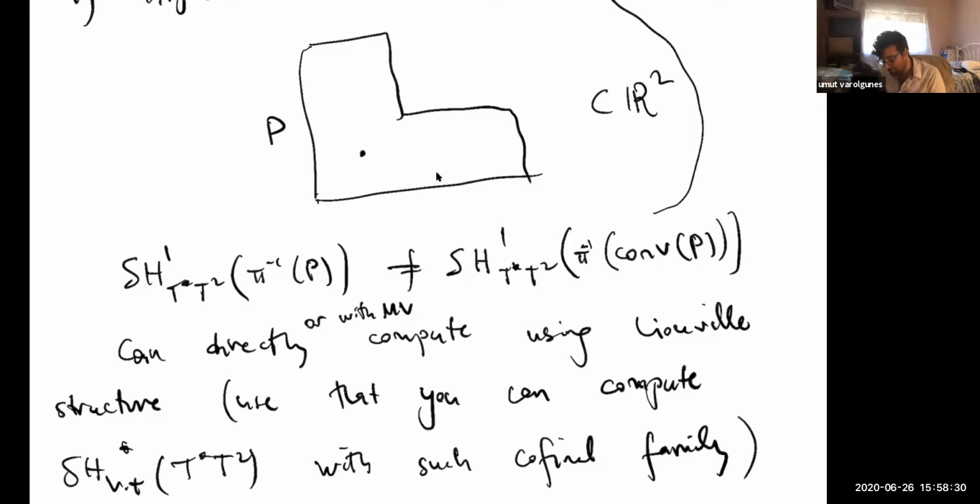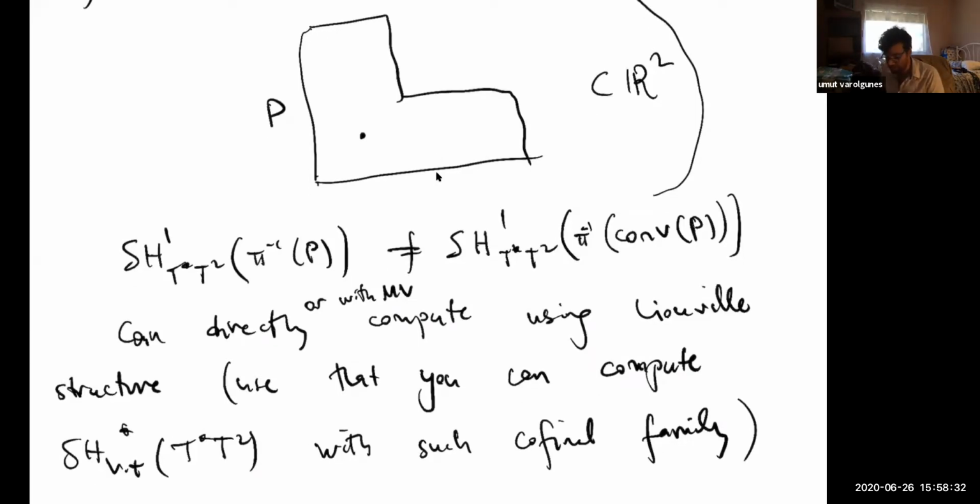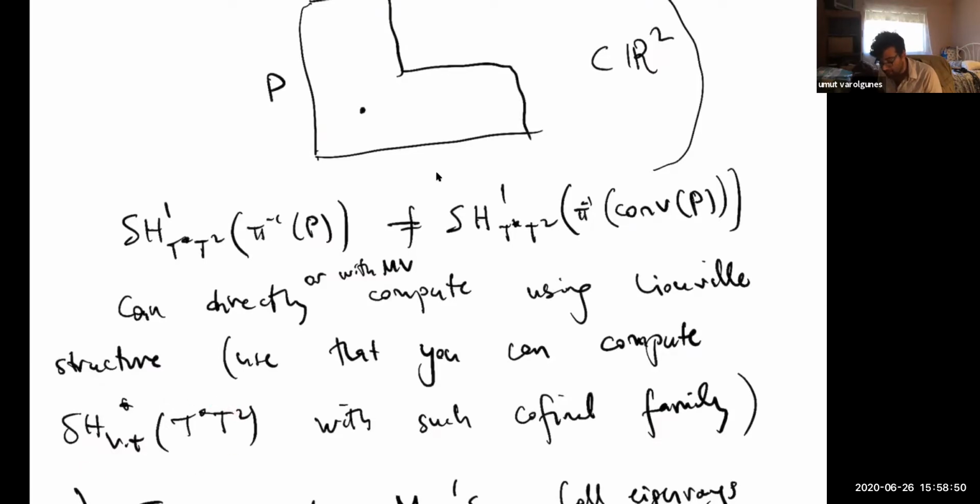And you can directly compute, because the boundary of this domain is star-shaped with respect to a radial structure. You can just compute Viterbo symplectic cohomology with functions that are compatible with this boundary. And what you get in the end should be the usual Viterbo symplectic cohomology.